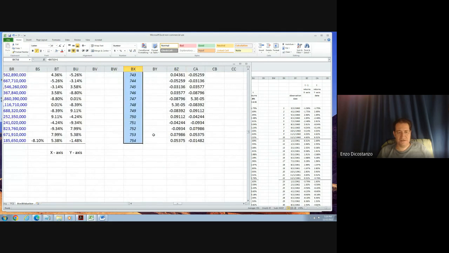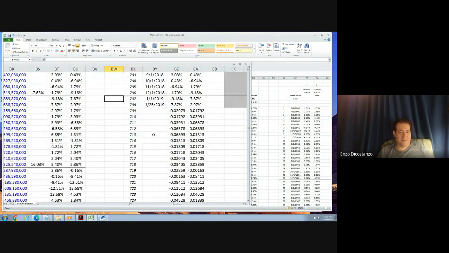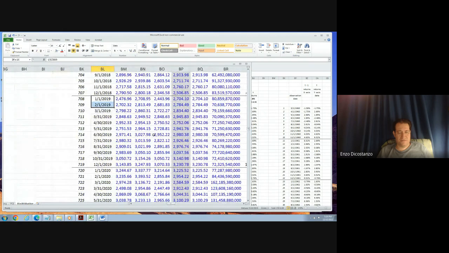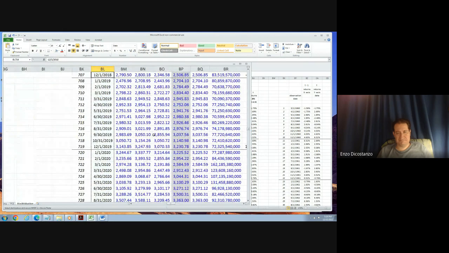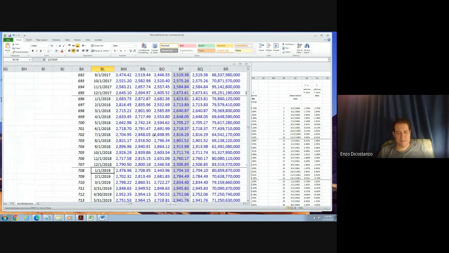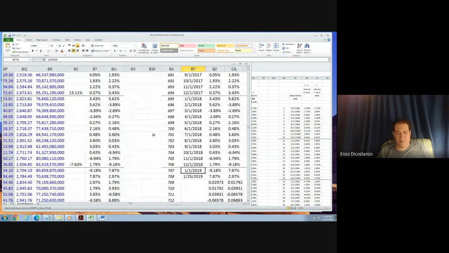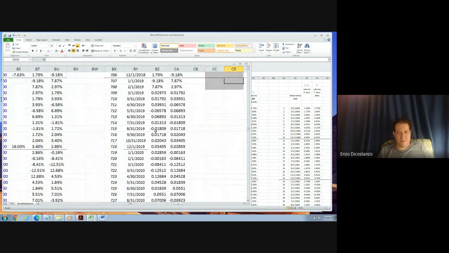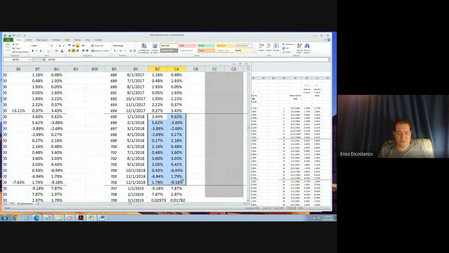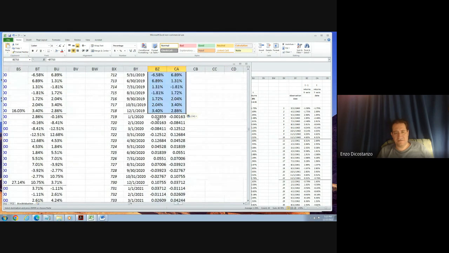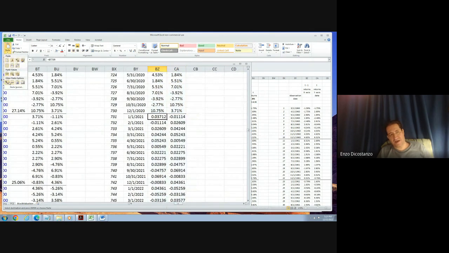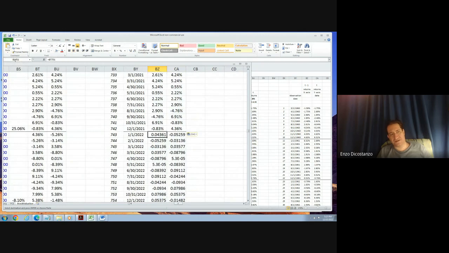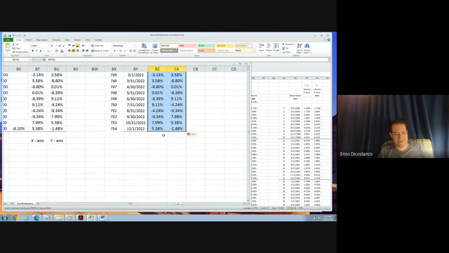Control D. Okay, we did that. Now we'll copy and paste formatting, bringing the formatting down because we have a few more years of this. Paste formatting, and then hit escape.